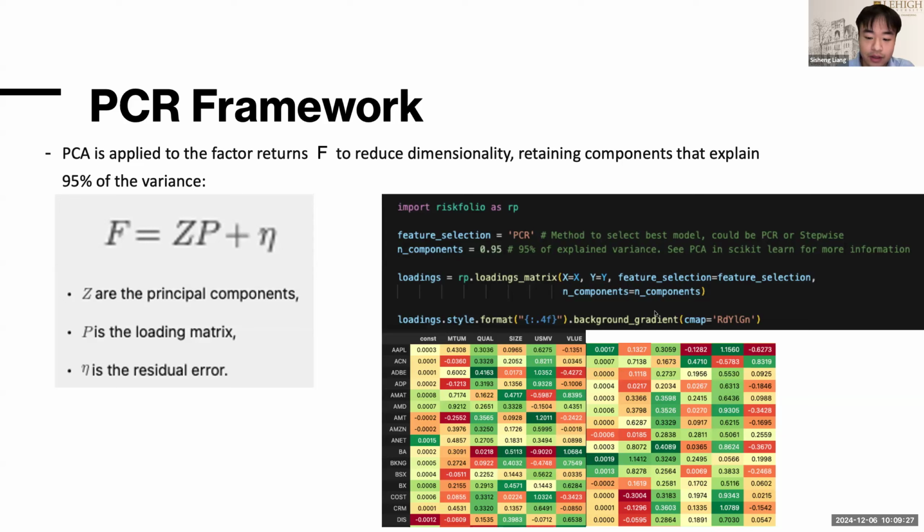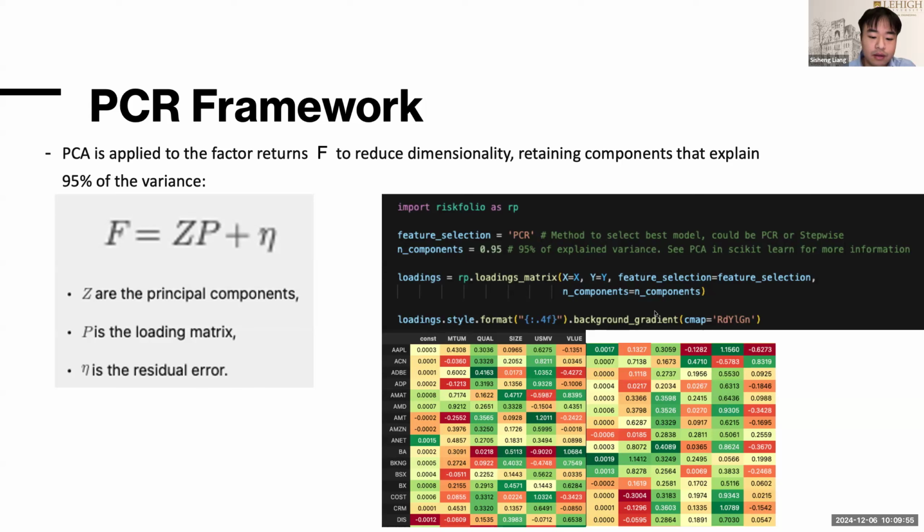In this case, I set the percentage at 95%. In the formula at the top, F is decomposed into ZP plus the residual error. Z represents the principal components, and P on the right side is the loading matrix.